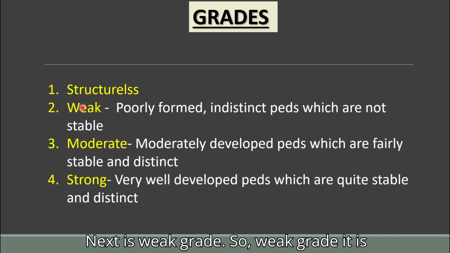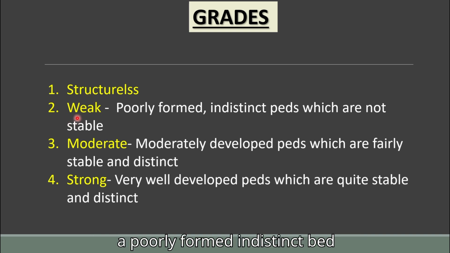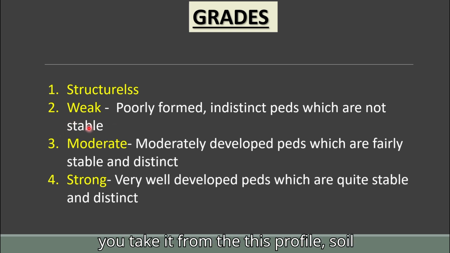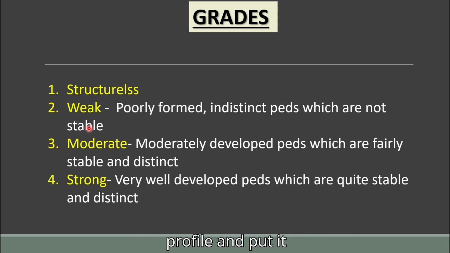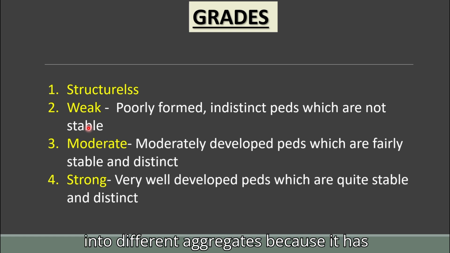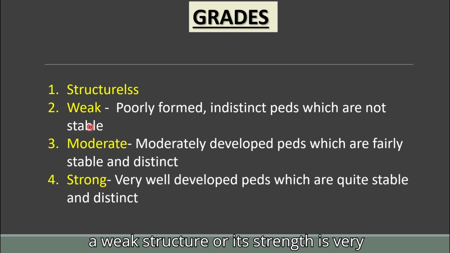Next is weak grade. Weak grade is poorly formed, indistinct peds which are not stable. Actually, if we take it from the soil profile and put it on the ground, it will be broken down into different aggregates because it has a weak structure, or its strength is very weak.